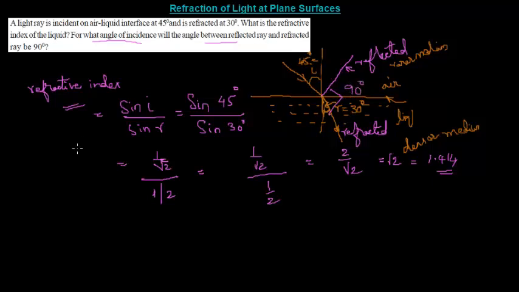What are we required to do? We'll write this reflection angle. Let it be x. So, x plus r plus 90 degrees is equal to, since this is a straight line, this whole angle will be 180 degrees.